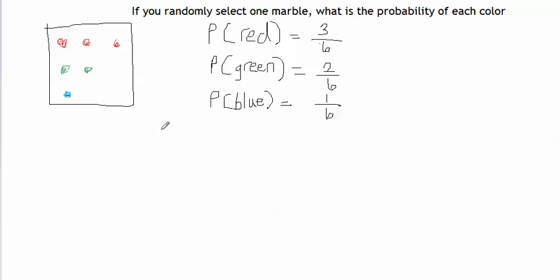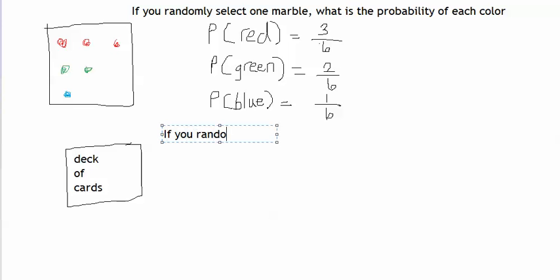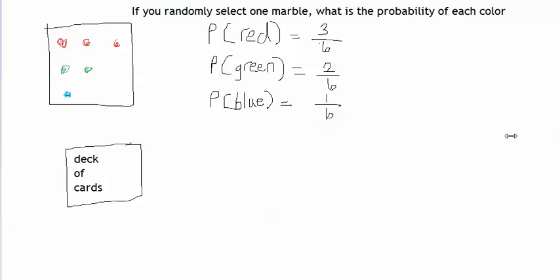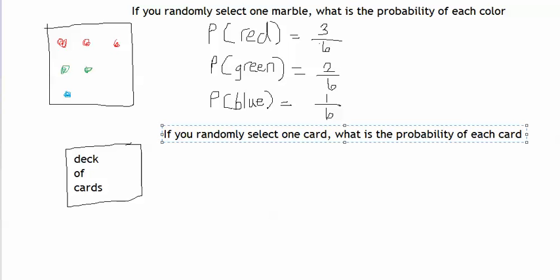And then, what about a deck of cards? Let's take a look.